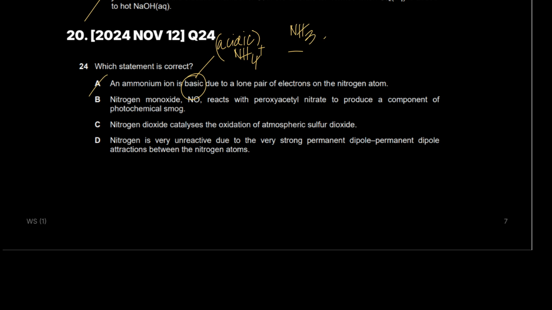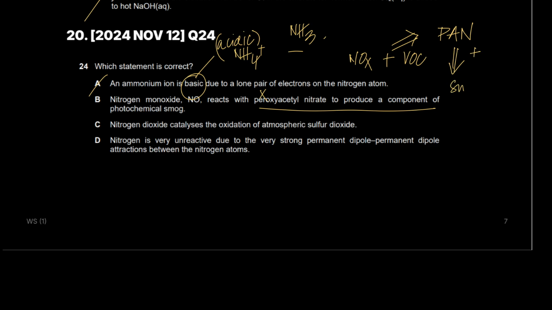Nitrogen monoxide reacts with peroxyacetyl nitrate to produce a component of photochemical smog. See, this is why I've taught you guys the concepts. This is absolutely wrong. Nitrogen oxides react with volatile organic compounds to give you peroxyacetyl nitrate. They give you peroxyacetyl nitrate, which reacts with certain other gases and forms smog like ozone and whatnot.